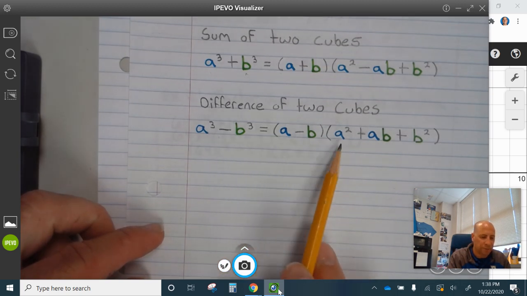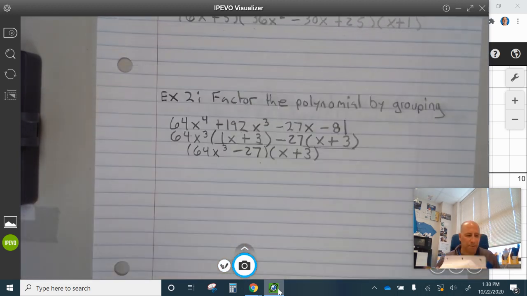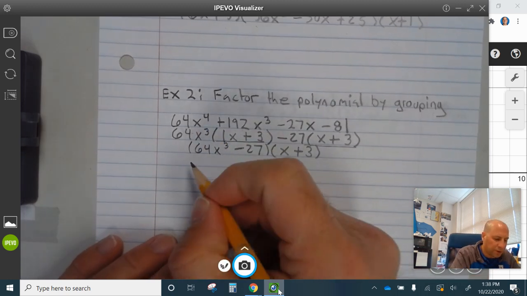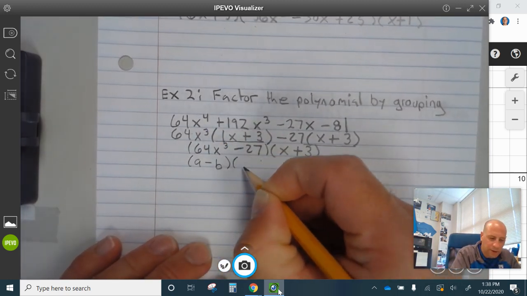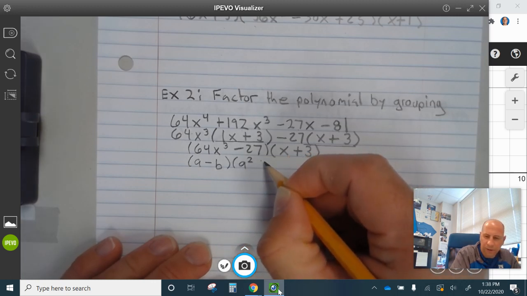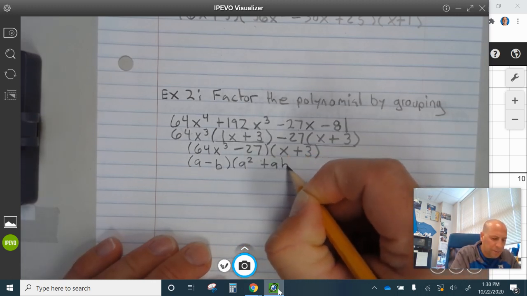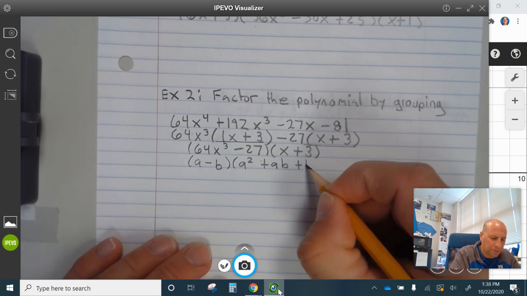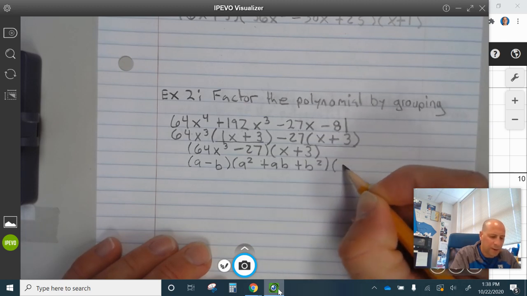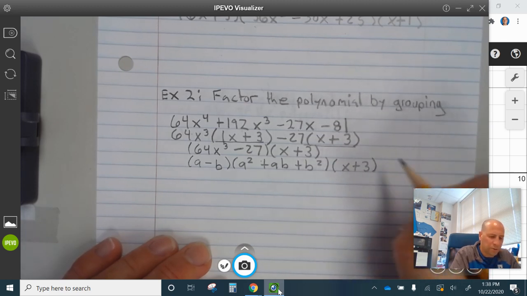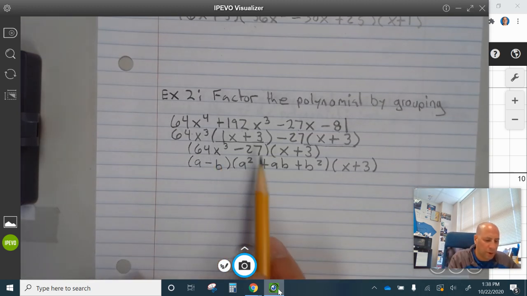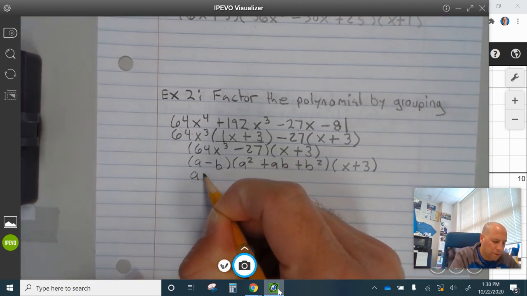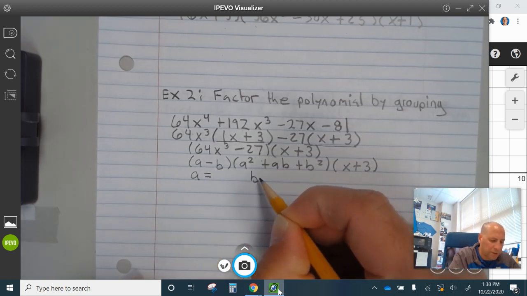So A minus B times that. Okay, so we know that this is going to factor to be A minus B times A squared plus AB plus B squared times x plus 3. So now we need to find out what cube gives us 64, what gives us 27. So we need to find A and we need to find B.